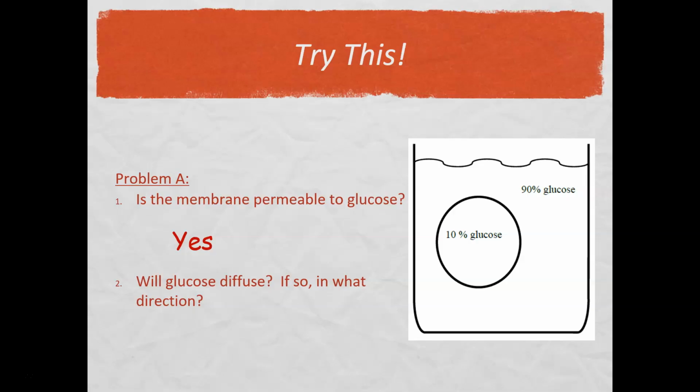All right, that glucose is going to move from where it's high to where it's low. Right now, where it's the highest is that 90% in the beaker. It's lower inside that pseudo cell. And so, yes, that glucose is going to diffuse. Where is it going to go? From an area of high to low concentration. So from that 90% glucose to that 10% inside the cell. So it's going to move in.